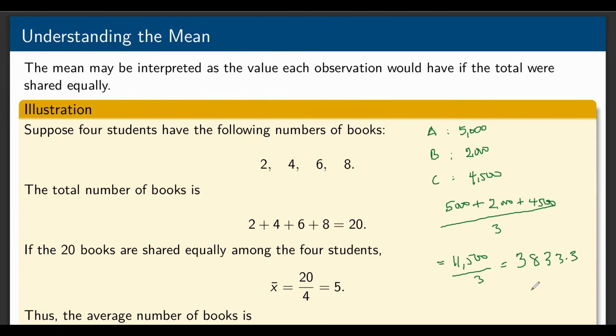So each of them will have 3,833 if we want to give them the same salaries. So that's the concept of average.